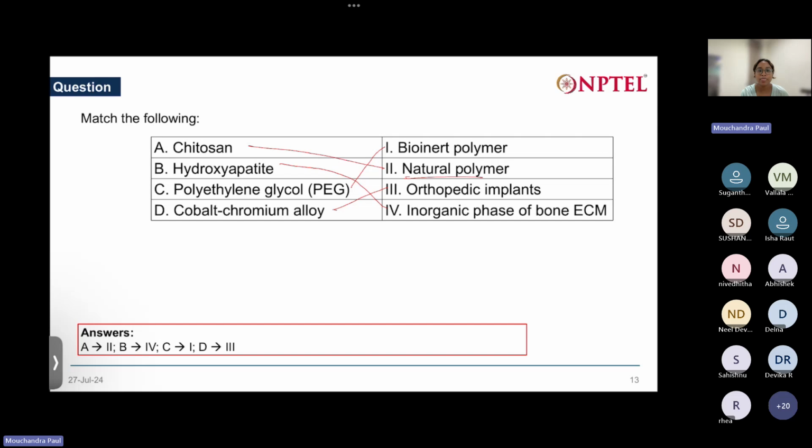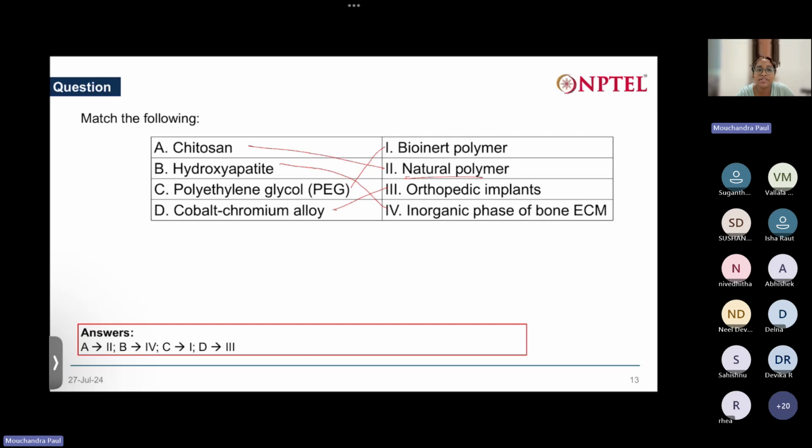Then I left out one option, that is C, polyethylene glycol. It is a synthetic polymer, and it's a bio-inert polymer. First, any one of you, let me know what you understand by the term bio-inert. Material which could not promote bone ingrowth.